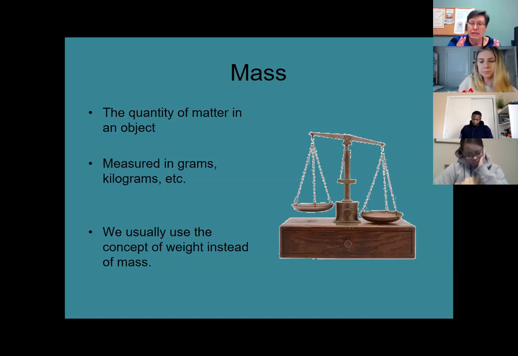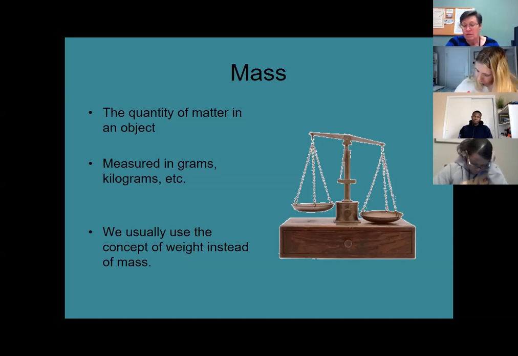If I put my 10 kilogram metal object in a spaceship and I send it to outer space, its mass is still 10 kilograms. If my spaceship lands on the moon and my metal object is moved to the surface of the moon, its mass is still 10 kilograms. The mass of an object is always constant.